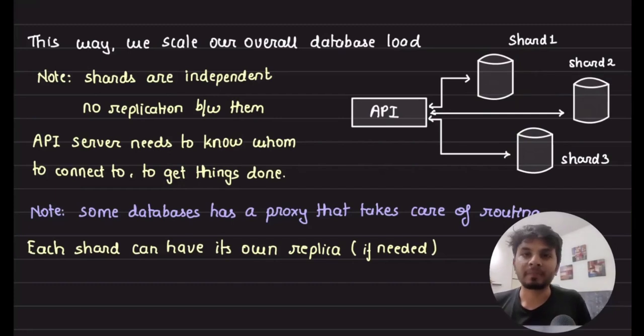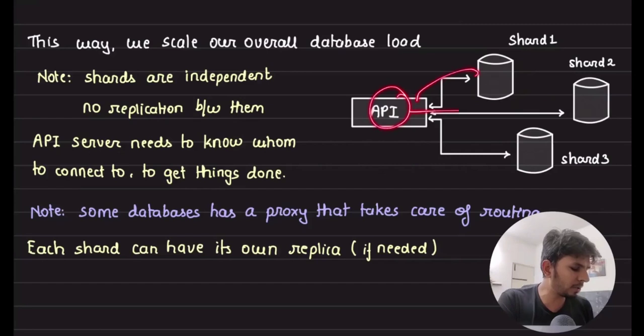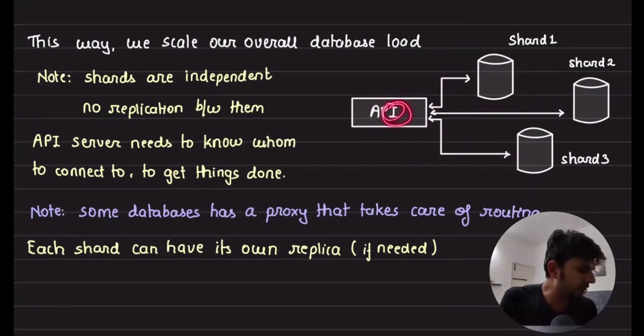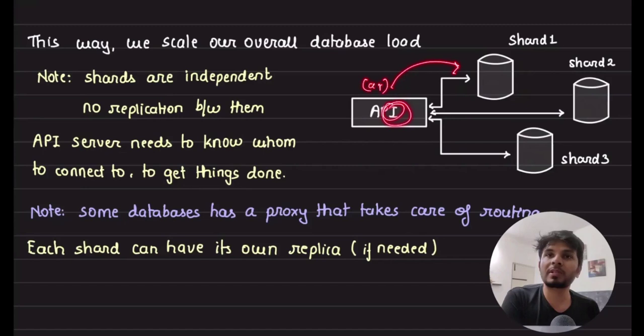This is sharding. Now, similar to how your API knows about read replica and master, here, in the simplest implementation, your API knows about the existence of all the three shards and it knows where to go. The API server has the logic that if the key is in range A to J, I would have to use the connection object of shard 1, otherwise shard 2, otherwise shard 3.